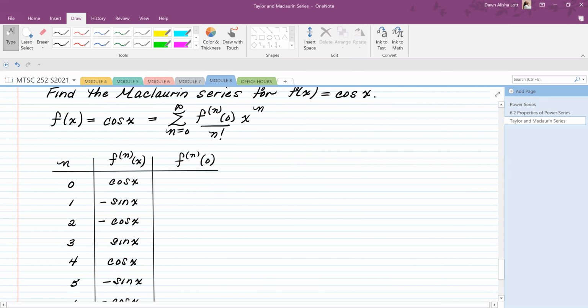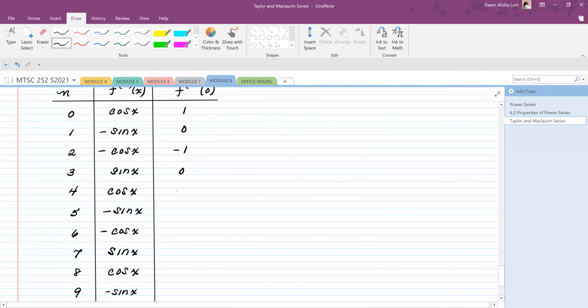Well, we got to remember, first off, these are evaluated at x equal to 0. So the cosine of 0 is 1. The sine of 0 is 0. Negative cosine of 0 is -1. The sine of 0 is 0. The cosine is 1. Negative sine is 0.